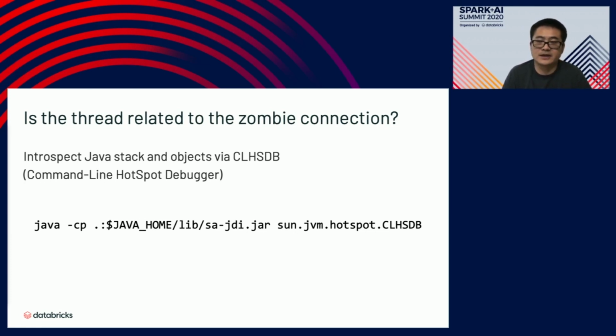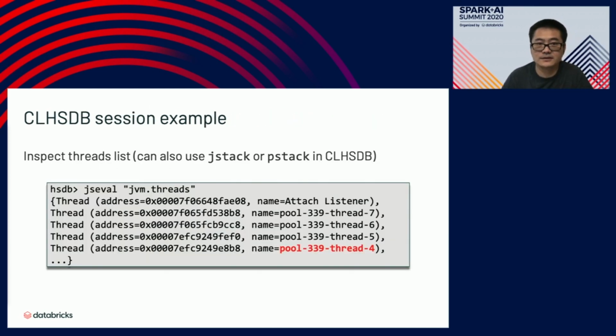So for that, we can use the command line HotSpot debugger to debug the internal state of our JVM. There are multiple ways we can introspect the JVM state. We can look at its heap, we can look at its threads, and the stack frames within each thread.